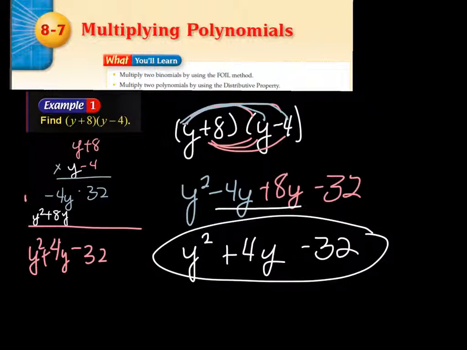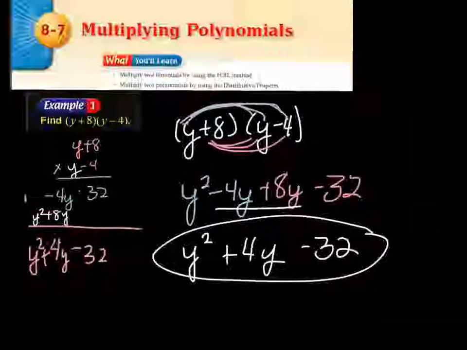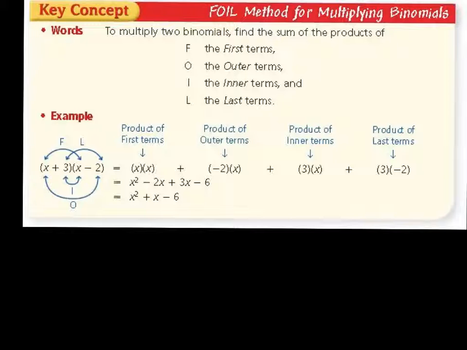The vertical method may look familiar from doing multiplication of 2 and 3 and 4-digit numbers that you did in elementary school or middle school, but more commonly used is the horizontal method. And there's even an acronym for that. It's called FOIL. So FOIL stands for first, outer, inner, last. So they did x plus 3 times x minus 2.